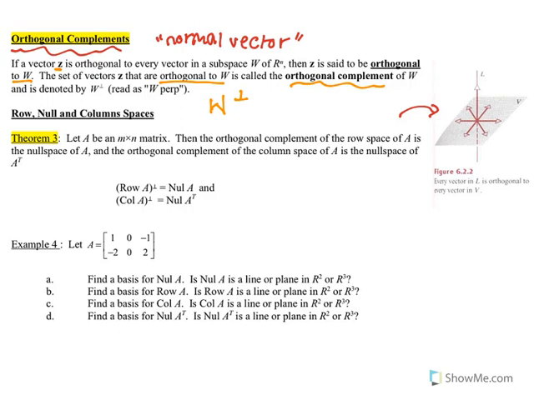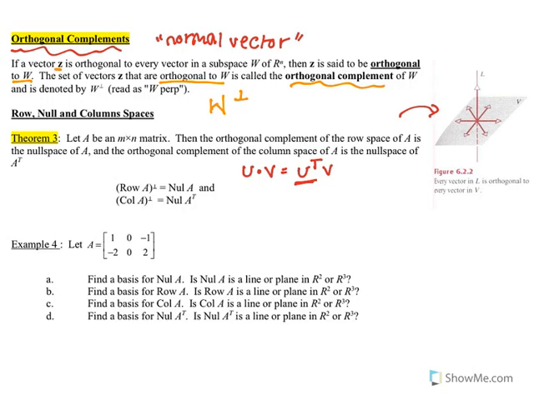And this has to do with thinking about, remember from the first page, that when we're talking about the inner product, proving that 2 vectors are orthogonal, that matrix multiplication is actually U transpose times V. Okay, so the orthogonal complement of the row space. Notice the row space. So thinking about, again, the rows going sideways. The orthogonal complement to the row space will be the null space of A.